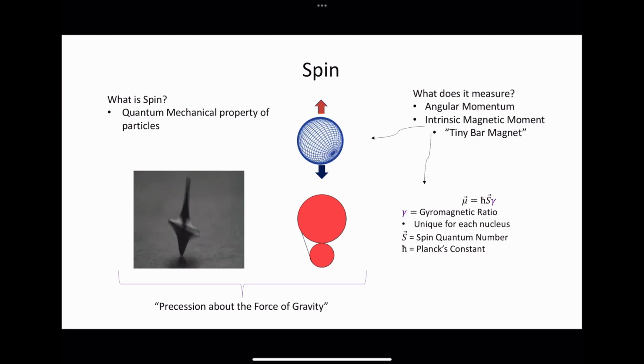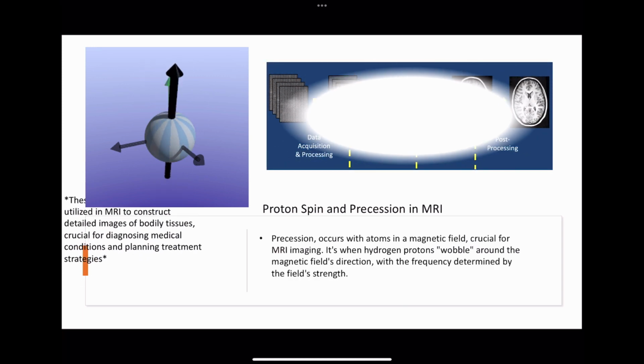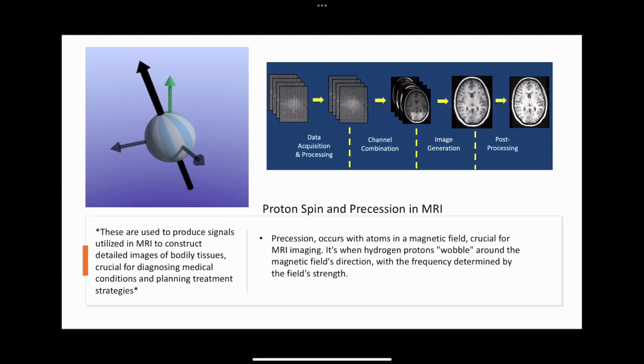In MRI, protons' spin and precession are vital for generating signals used to create detailed tissue images. Precession occurs as hydrogen protons wobble around the magnetic field's direction, with frequency determined by field strength. These signals are crucial for constructing images, aiding in medical diagnosis and treatment planning.